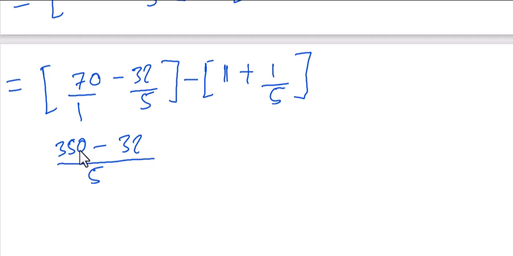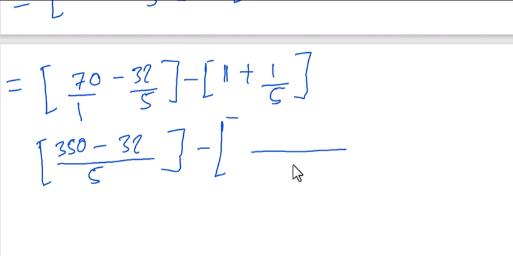Then on the other side we also find the common denominator, which is 5. We have an invisible one there, which is 1 multiplied by 5, which is just 5.